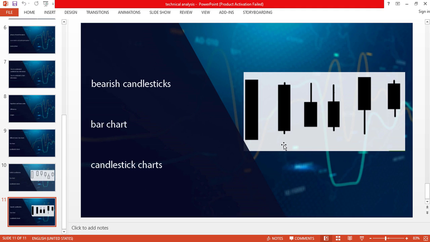You need to pay attention to the area that this candle is shown in, and you can use this candle. This candle and this candle are also bearish candles, and show that the prices will start a decreasing movement.